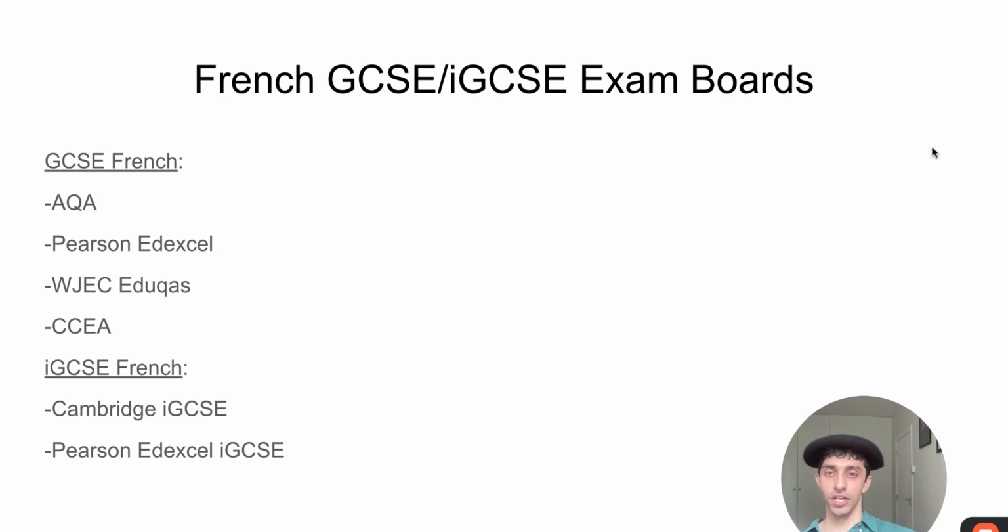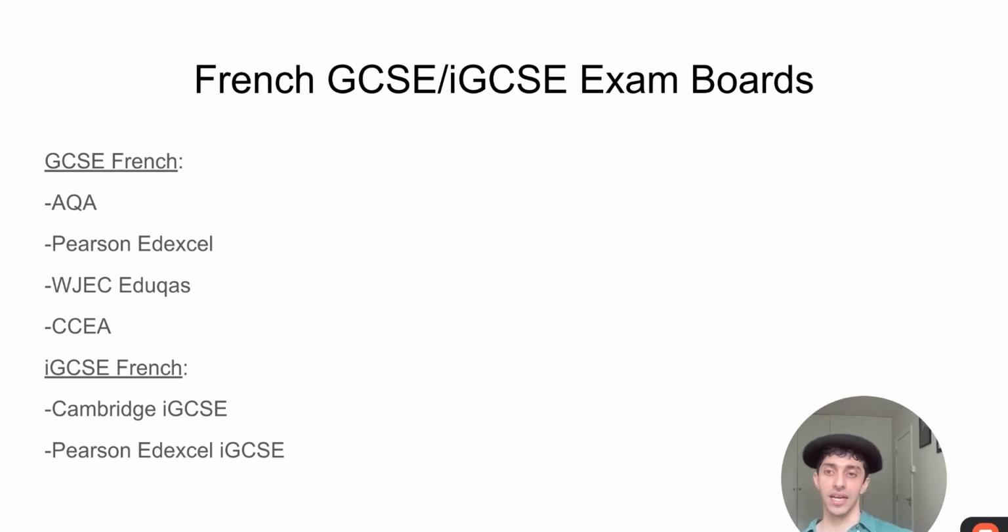So we're going to look quickly here at the French GCSE and iGCSE exam boards. There are 4 of them as of August 2025 for GCSE French and 2 for iGCSE French. There can be some important differences between different exam boards.